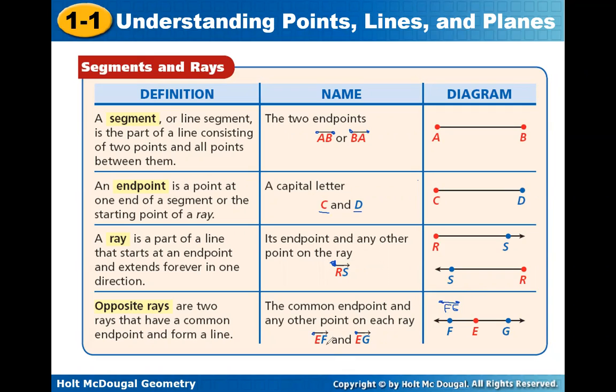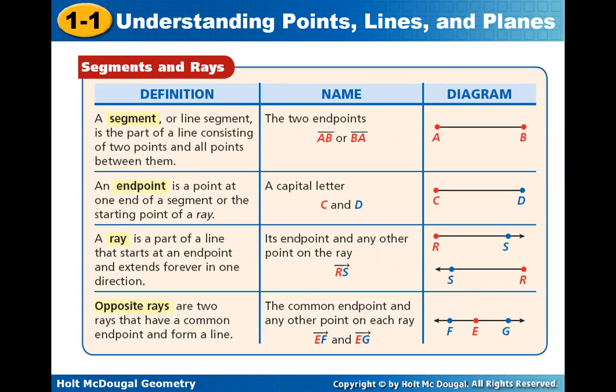Or I could say EF as a ray and EG as a ray, and I wouldn't know the difference, honestly. Opposite rays, again, are just 2 rays that go in opposite directions. They technically form a line, and they also form 180 degrees as an angle measurement, which all lines do, right?